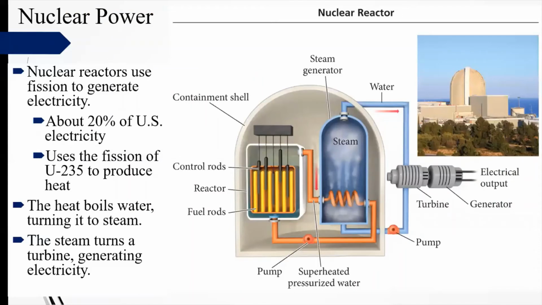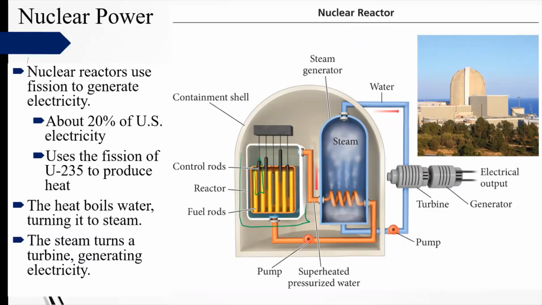And so our nuclear power plants use this process here. You can see them inside of that reactor in order to produce electricity. In reality, what they do is use this to produce heat. As we take that energy from the fission process, we're using these control rods to absorb the different amounts of neutrons being released.